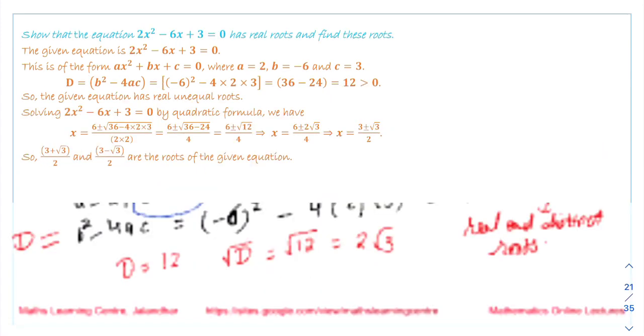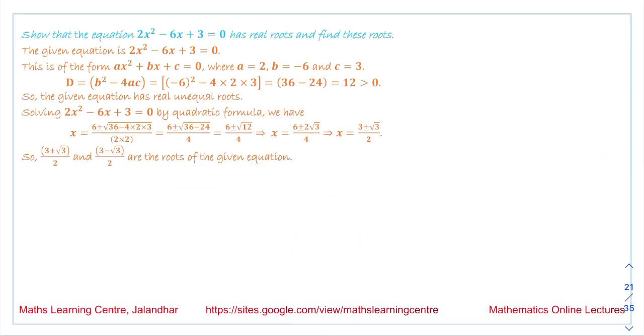Next is: show that this equation has real roots and find these roots. So again we are comparing it with the standard form ax square plus bx plus c is equal to 0. The value of a is 2, b is minus 6 and c is 3.